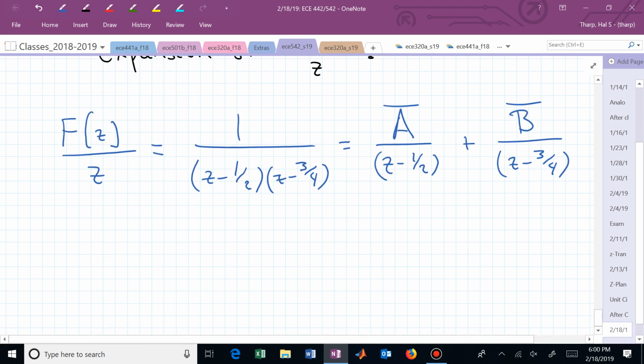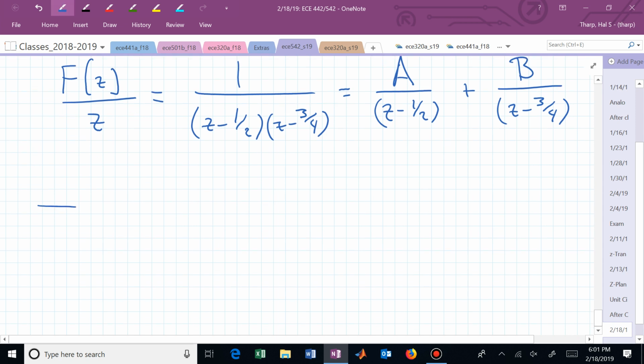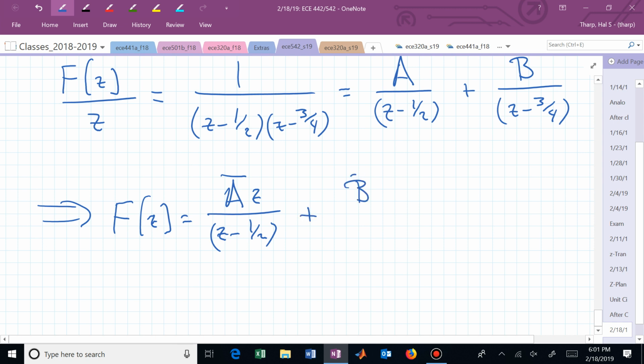Now we can solve for a bar and b bar. You could even use your calculator to do that. But then when we want to find f of z, we multiply both sides through by z, and we now have f of z equaling a bar z over z minus 1/2 plus b bar z over z minus 3/4.